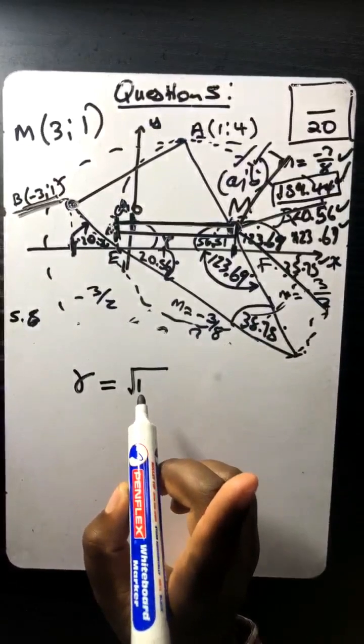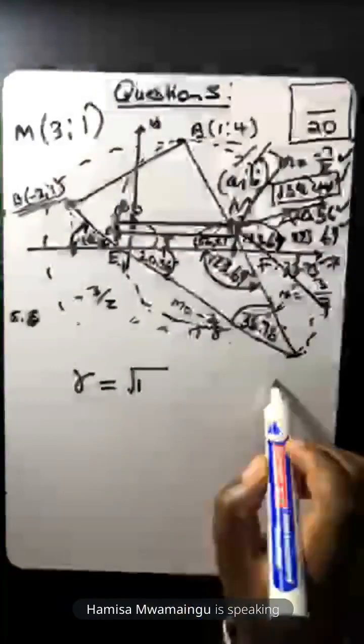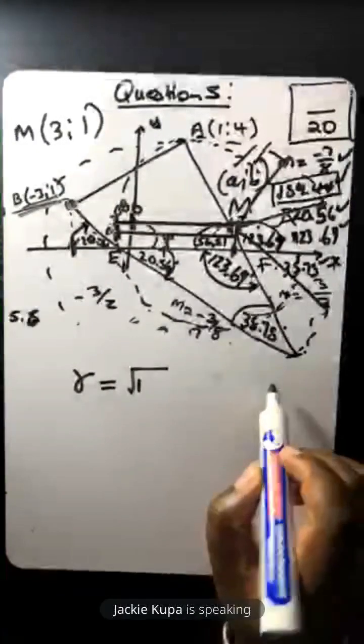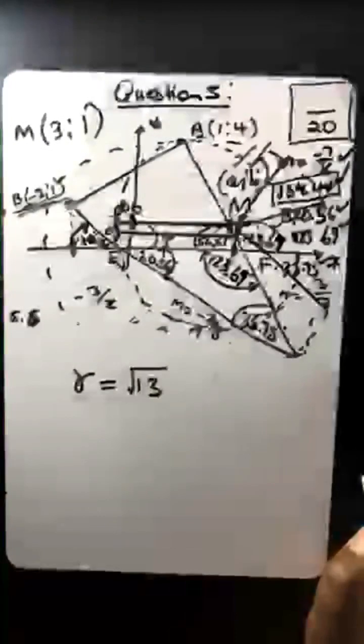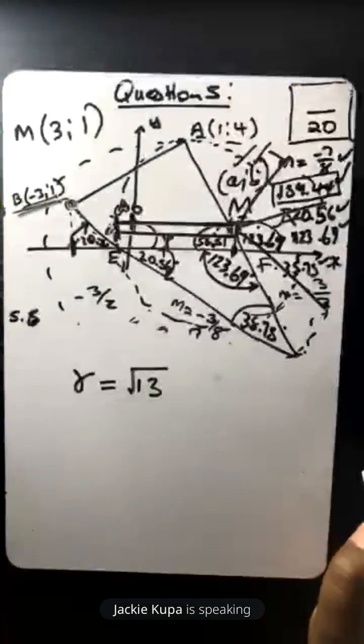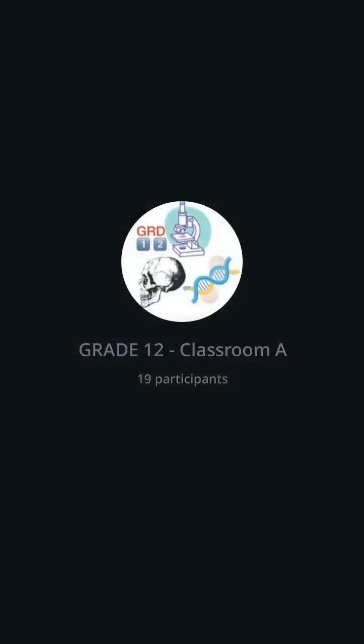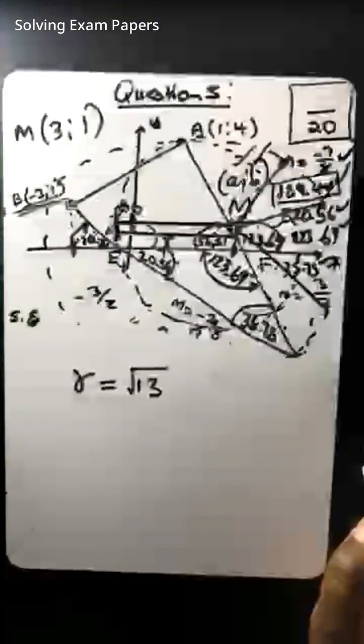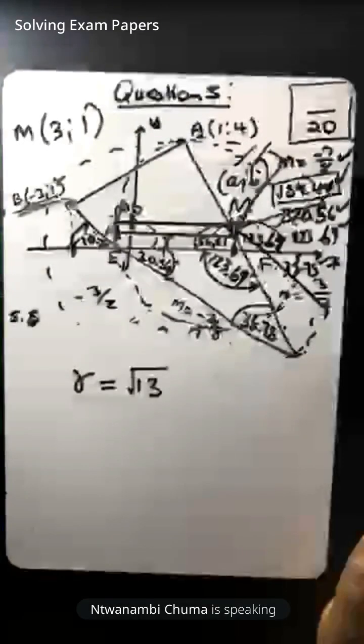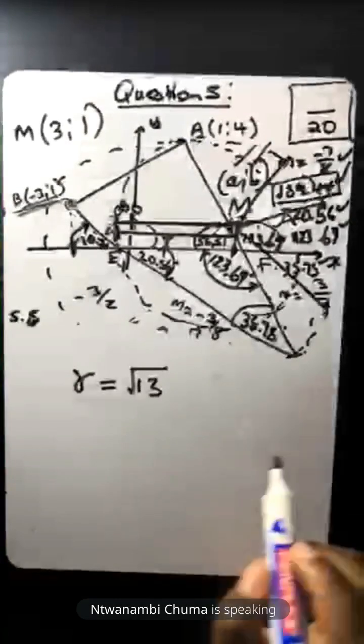It's square root of 13. The radius we said is square root of 13.